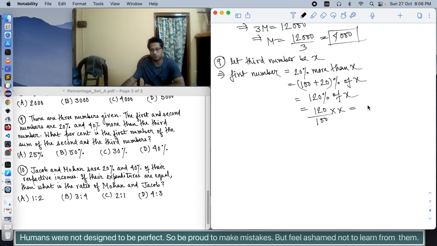This after simplification becomes 6x by 5. So the first number is 6x by 5, where x is the third number as per our assumption.